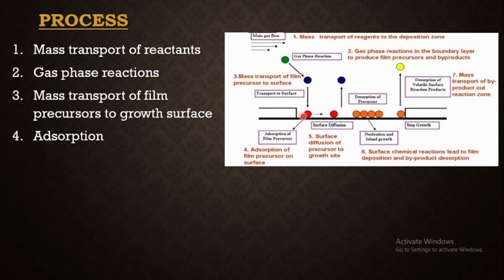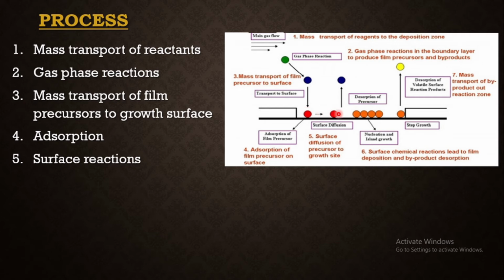Adsorption means the particles or the atoms are going to stick onto the substrate. It is not absorption but just surface adherence. Then the next step, that is surface reactions of atoms occurring selectively on the heated surface, will take place.